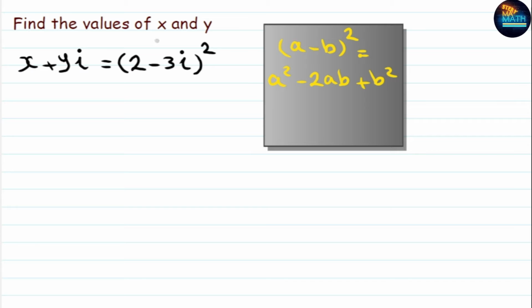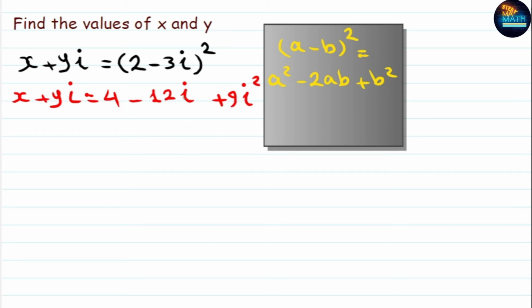We don't have any trouble with the left-hand side, so keep it as x plus yi is equal to, and on the right-hand side, the first term by itself, 2 times 2 is 4, and negative 3i times negative 3i, the second term by itself, is 9i squared. And the first term by the second term by 2: 2 times negative 3i is negative 6i, and multiplying by 2 is negative 12i.